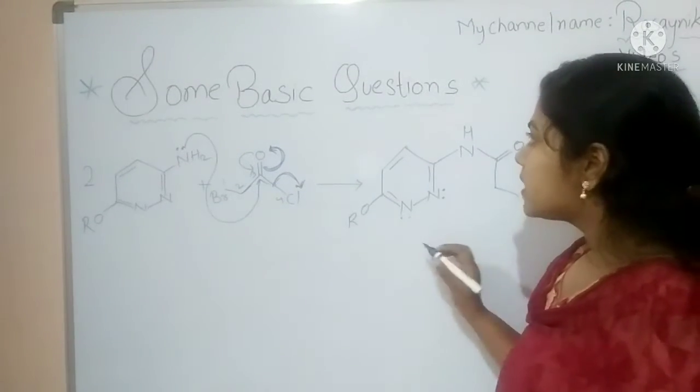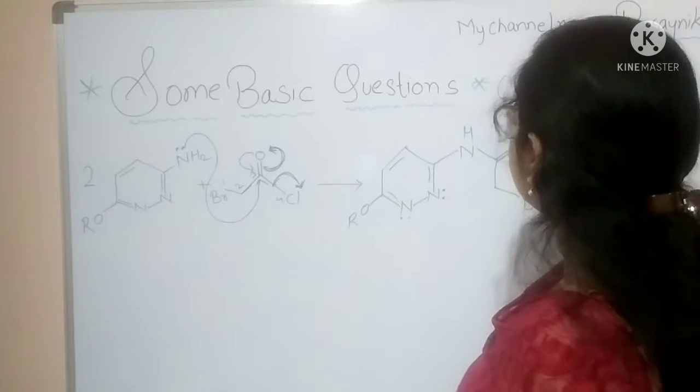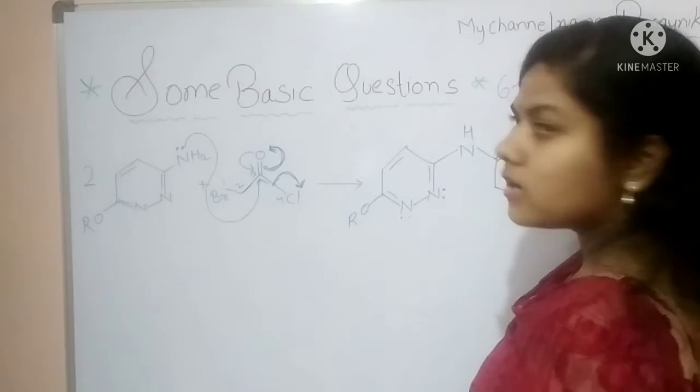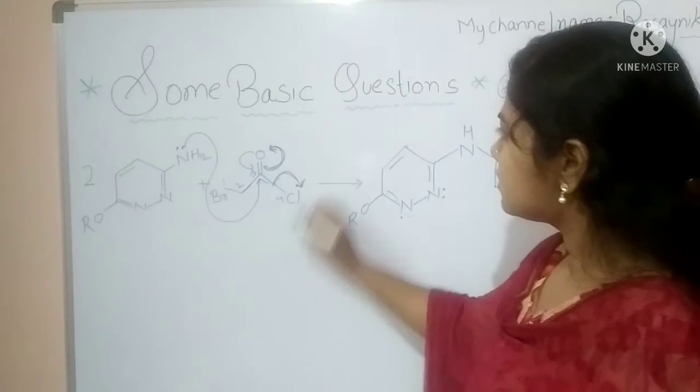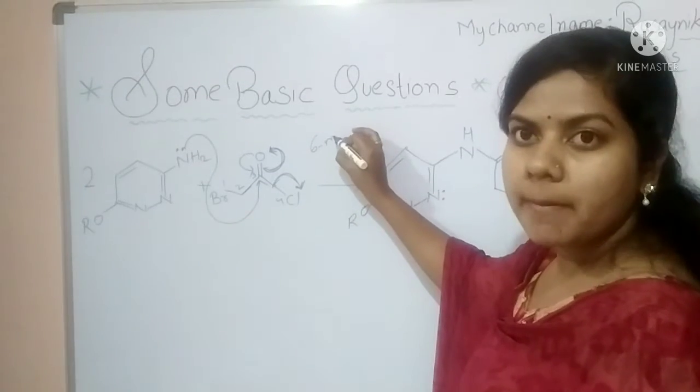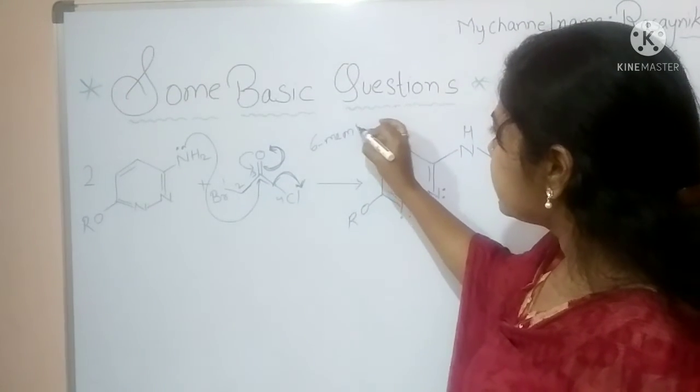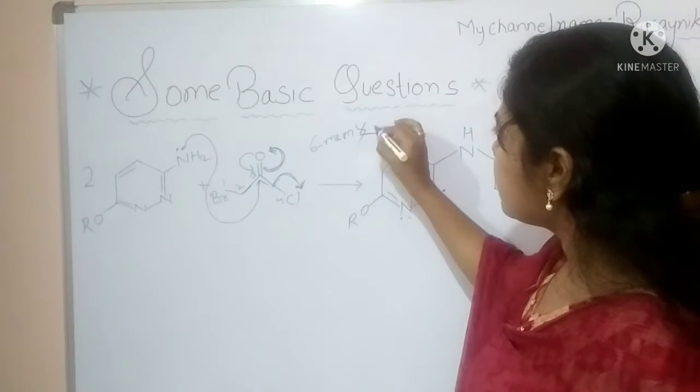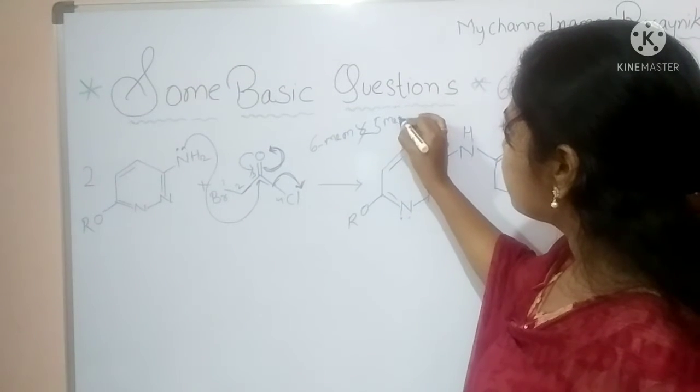But here 6-membered cyclic ring is less stable than 5-membered.